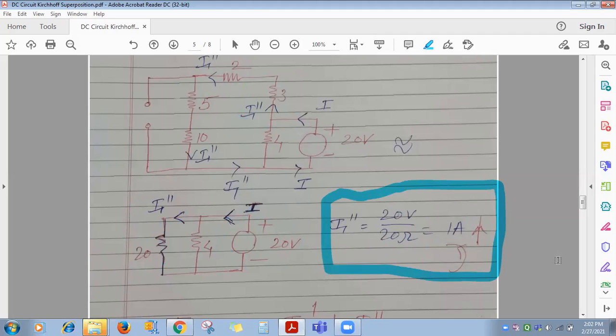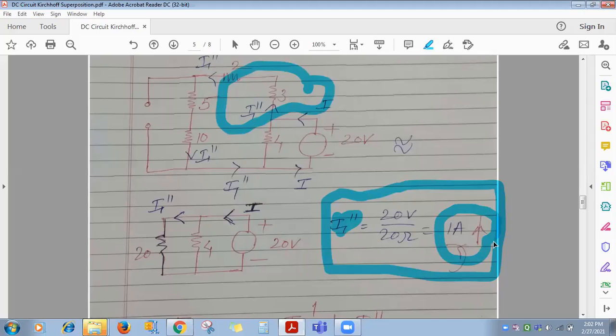We are not interested in the current direction through the 20 ohm. We are interested only in the load resistance. So the current flowing through the load resistance is I1 double dash, and its direction is only expected, not the current direction through the rest of the resistances.